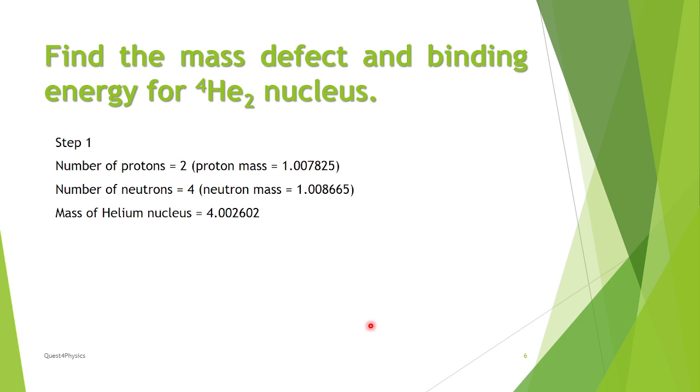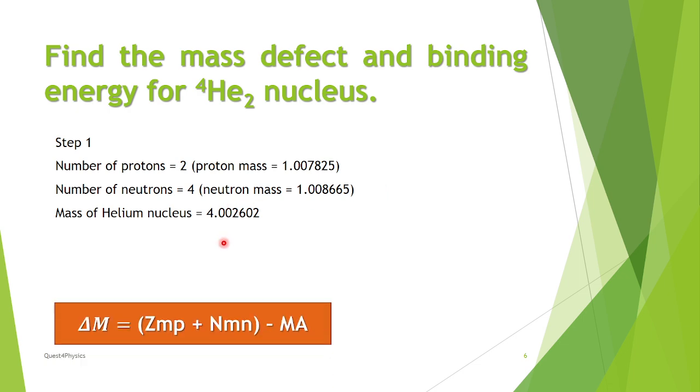And now we will solve a numerical, and let's see what we are going to do with it. We are given the masses for a helium nucleus. We have to find the mass defect and binding energy for this. So in the first step, we will take the number of protons and the proton mass, which is given, the number of neutrons and the neutron mass, which is given, and the mass of the helium nucleus, which is given.